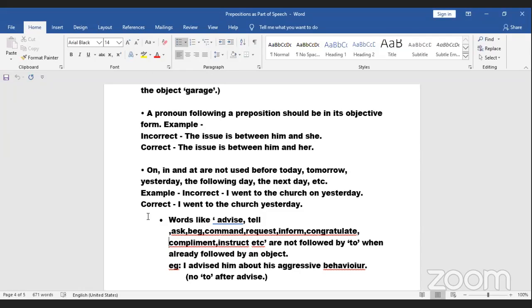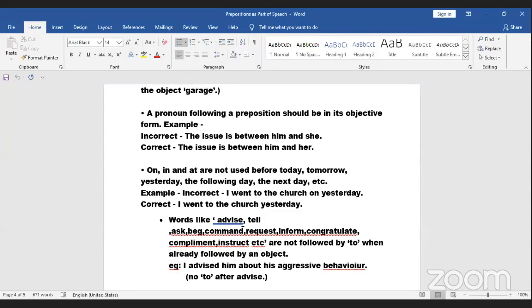Now, the next thing: in a sentence, words like advise, tell, ask, beg are all verbs. They can have V1, V2, V3 forms.